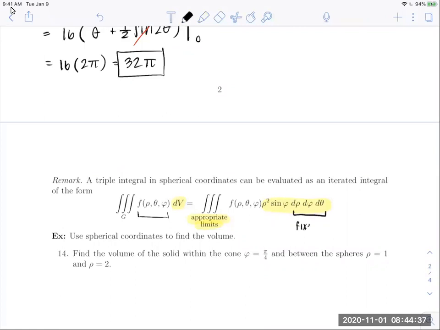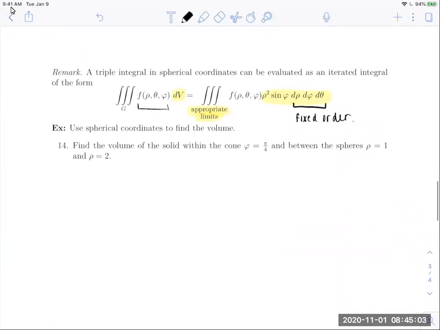We spent a lot of time in 14.2 discussing how you can switch your order of integration and how it's going to affect your limits of integration. In this entire section, it's always dz dr d theta or d rho d phi d theta. So that's one nice thing about these coordinate systems. There is no ambiguity of your order here.